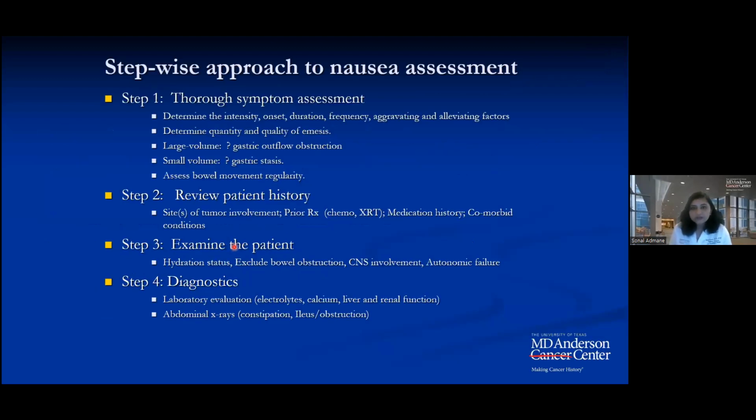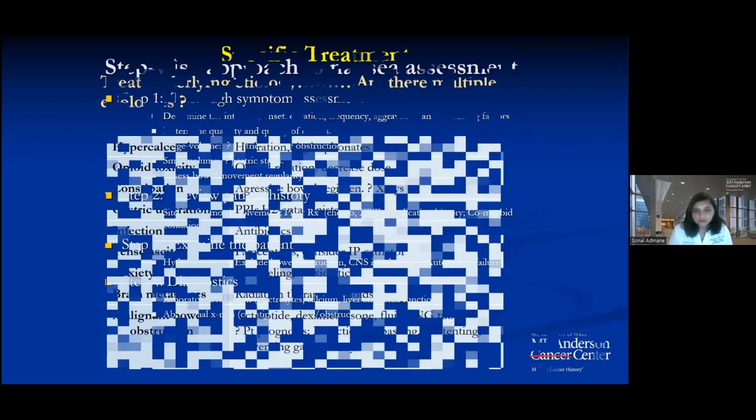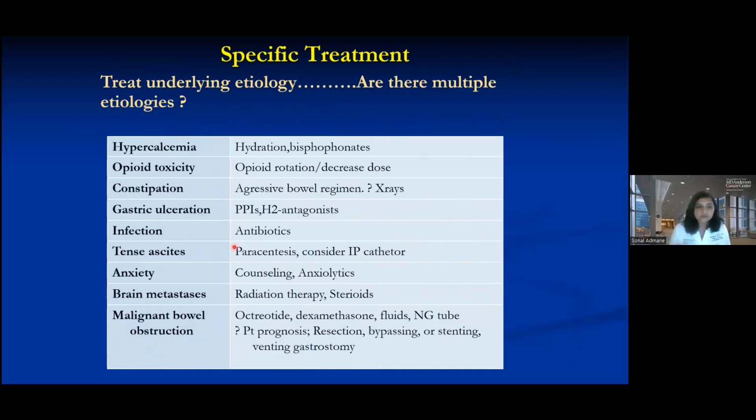So this is just a stepwise approach to treating nausea and vomiting, and then the assessment, and really keeping in mind that it's a symptom that is affected by so many external factors. So you really have to go into details and then approach the management.